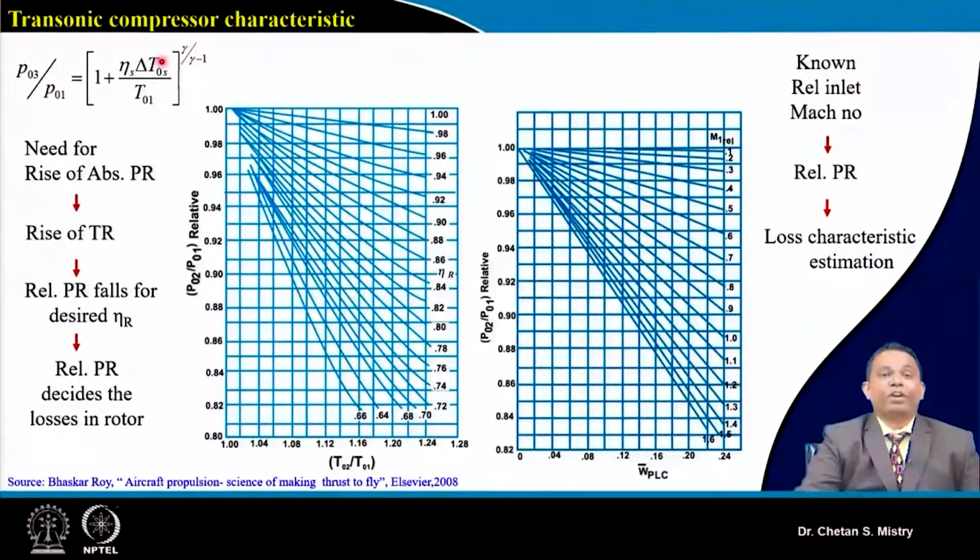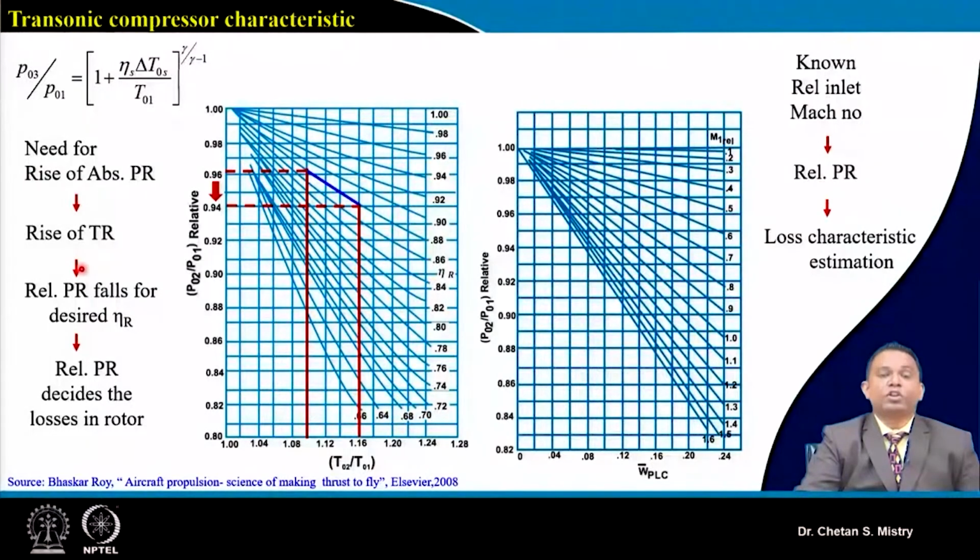What it says is we are looking for my delta T0 to be larger. If we are going with the same efficiency, suppose I am expecting my efficiency to be 88%, under that condition our relative pressure ratio is going to be reduced.